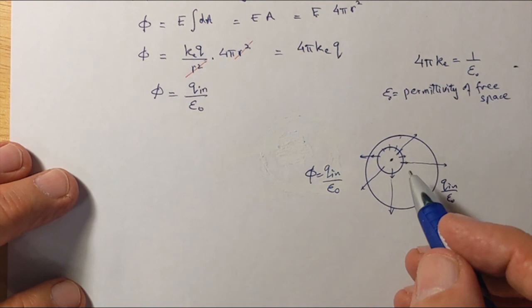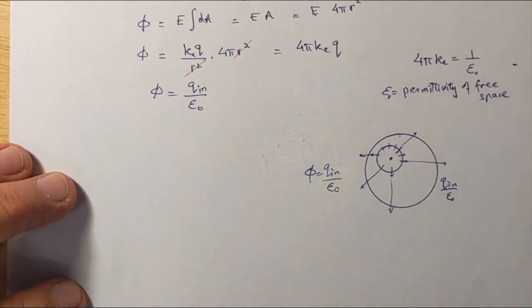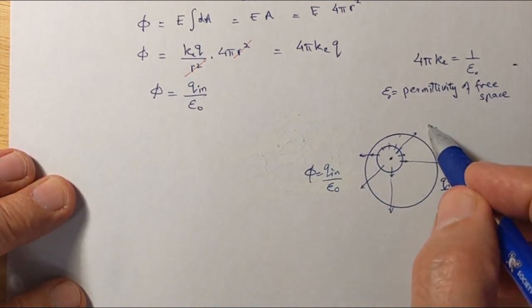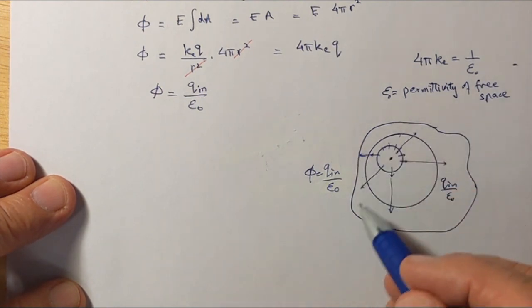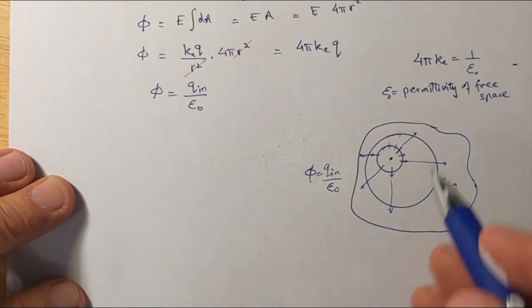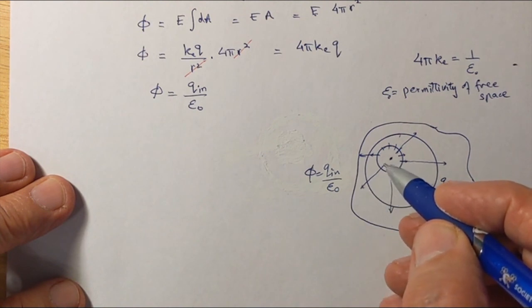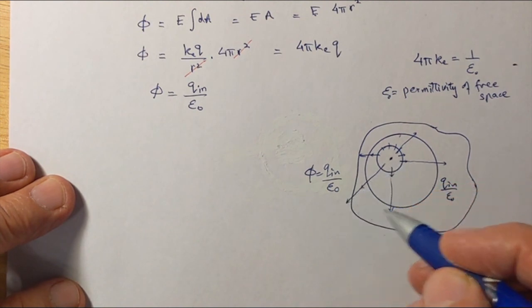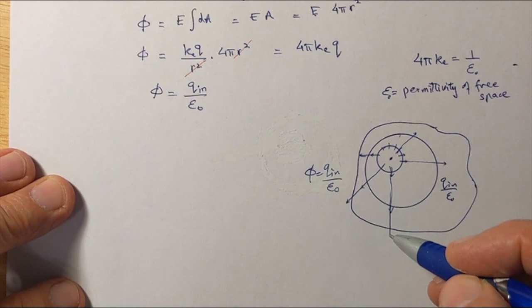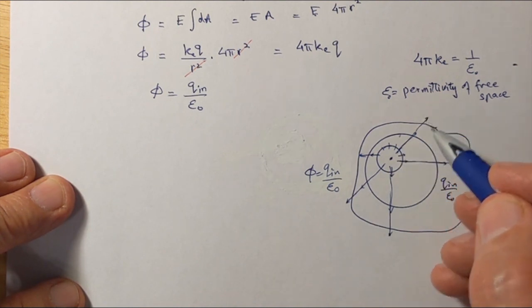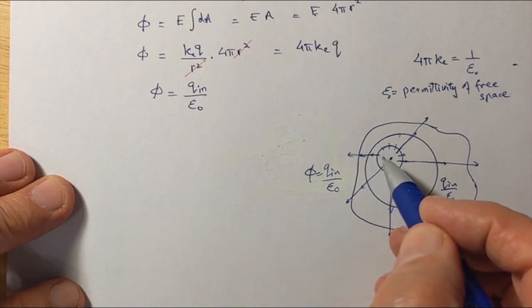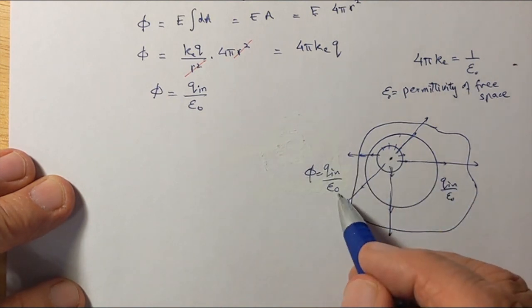Now what happens if the surface is not spherical? Well, let's make a non-spherical surface, but it has to be a completely closed surface. In that case, whatever flux is leaving here will ultimately leave from here. So the flux leaving this surface is Q in over epsilon naught.